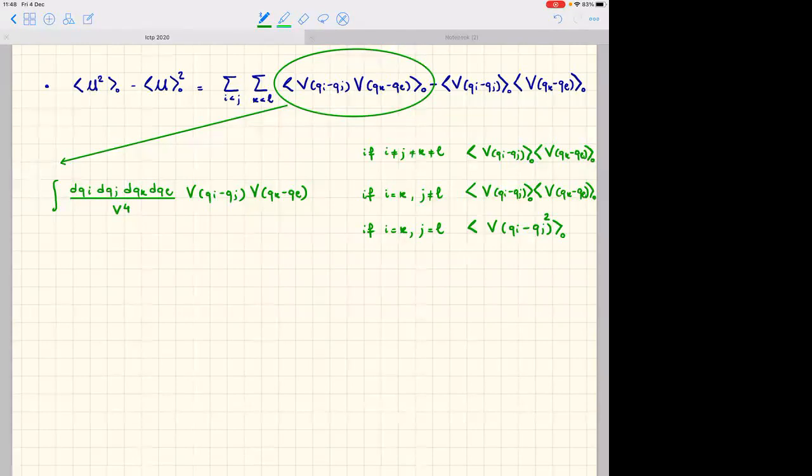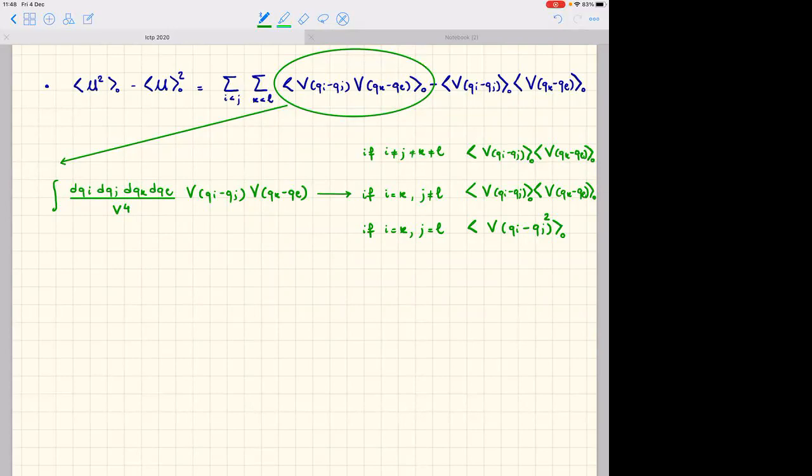So when they are different, then it's always equal to the product of the averages. But when they are equal pairwise, i equal to k and j equal to l, then this is the average of V(qi minus qj) squared.